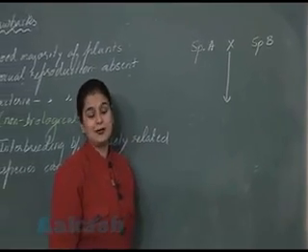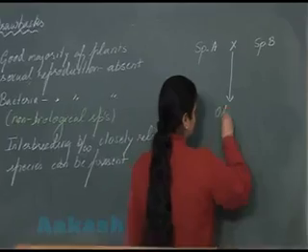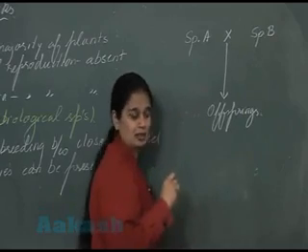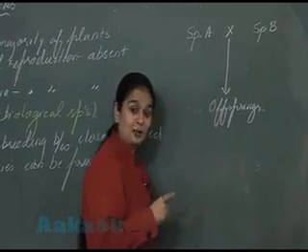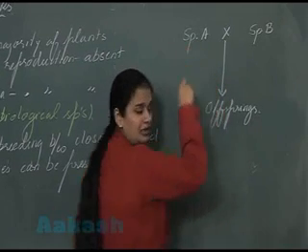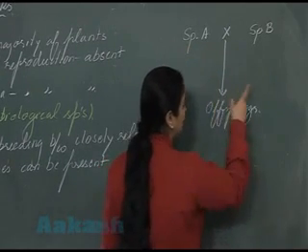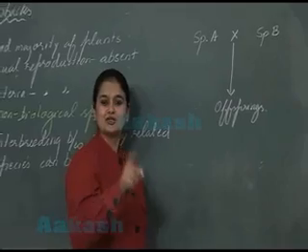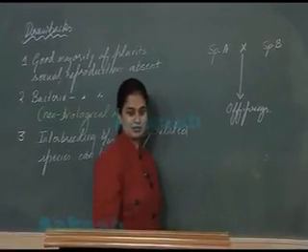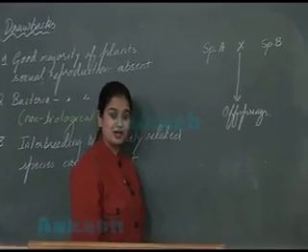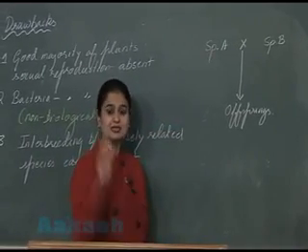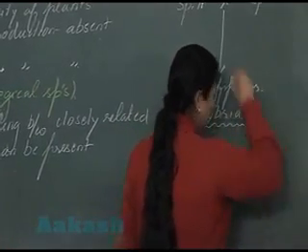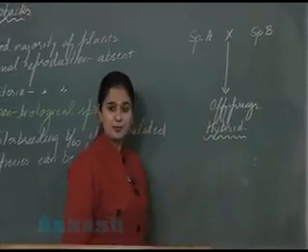After the interbreeding, there is formation of progeny, formation of offspring. These offspring are going to have characters of species A as well as characters of species B. So this offspring has a combination of characters from both these species, which represents a hybrid.